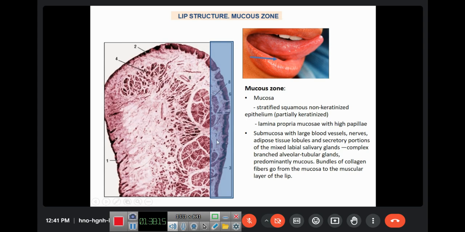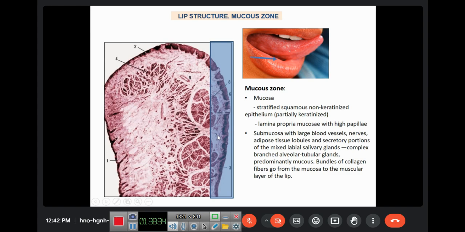Submucosa has large blood vessels, nerves, adipose tissue, tissue lobules, and secretory portions of the labial glands, the glands of the lip. These glands are complex branched alveolar tubular glands. Most of them are mucous.